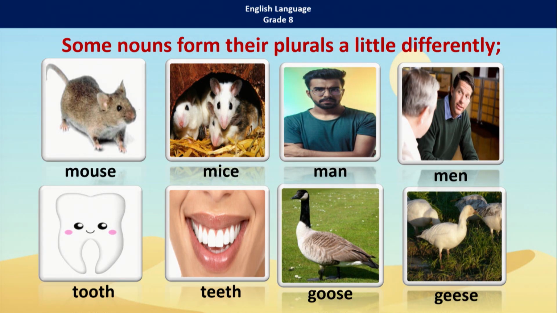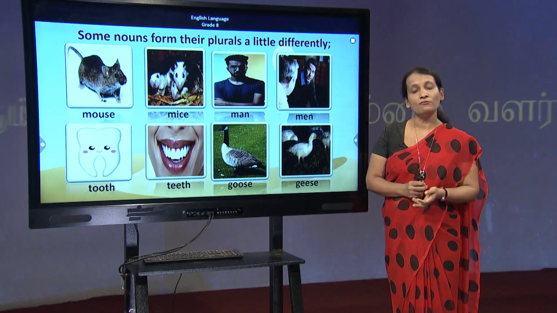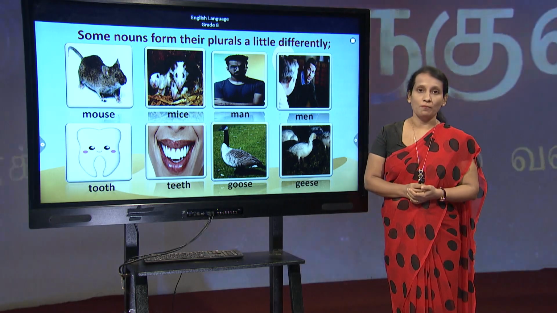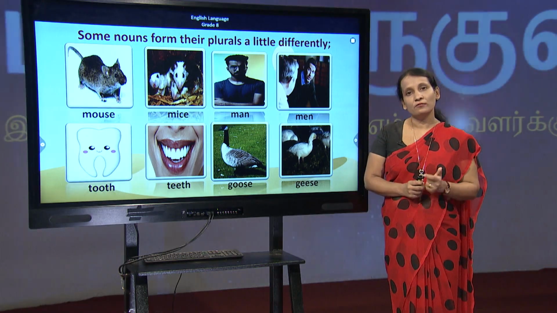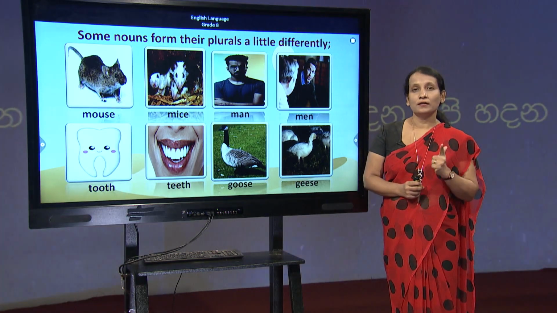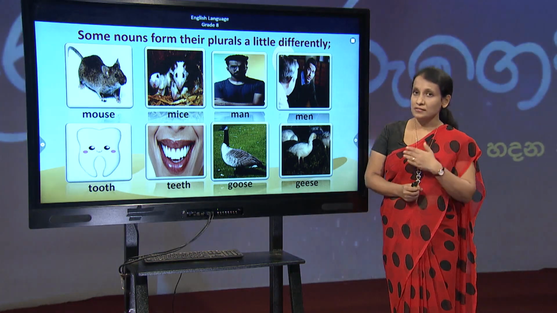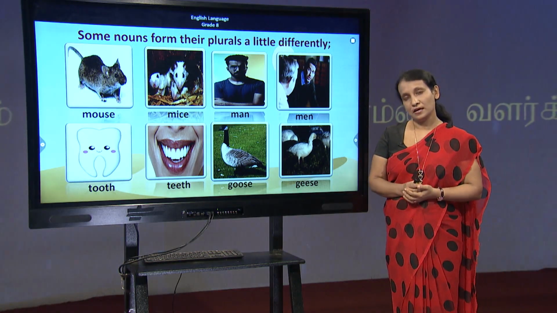Then we discussed the last letters of the word. I think you can remember, right? When the word ends with Y, how we form the plural word. When the word ends with O, how we are forming the plural form. And also we discussed how we form the plural noun when the last letter is an F. Okay, this is the last rule we discussed.